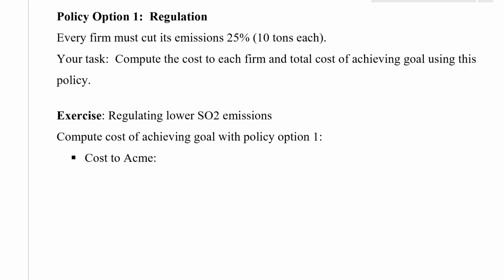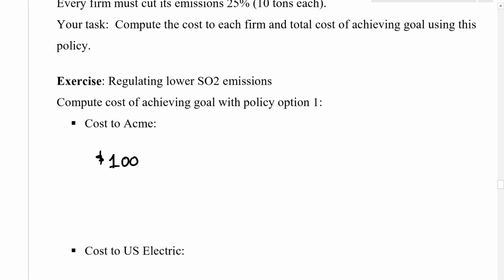So remember, we have our costs up here: $100 a ton for Acme, $200 a ton for US Electric. The cost for Acme is just $100 a ton times 10 tons of abatement for a total cost of $1,000 for them to reduce their pollution by 25%.